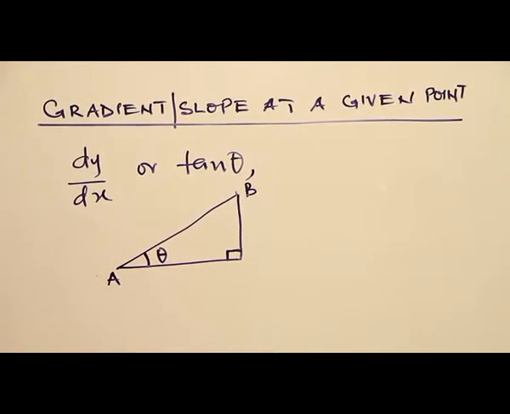I want us to also note that the gradient of a straight line is always the same at any point on the straight line. Whereas, in the case of a curve, the gradient is not the same at any point.